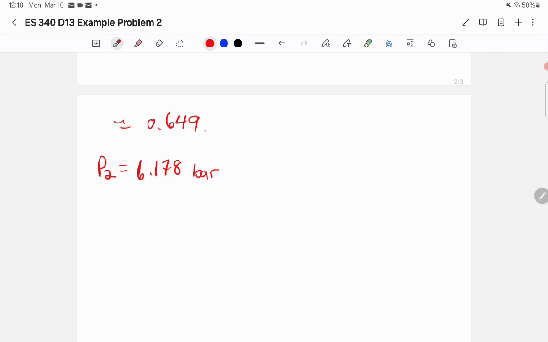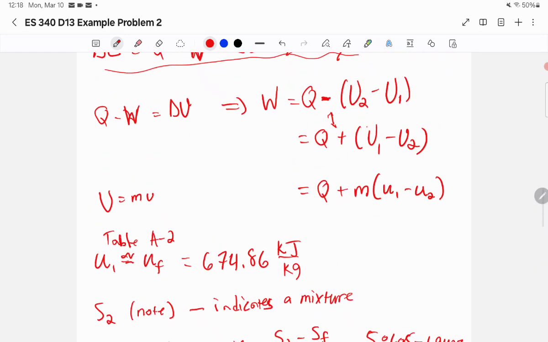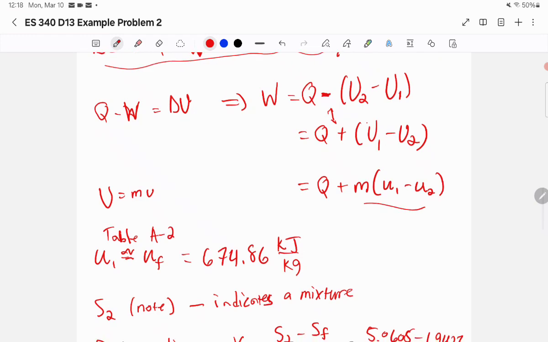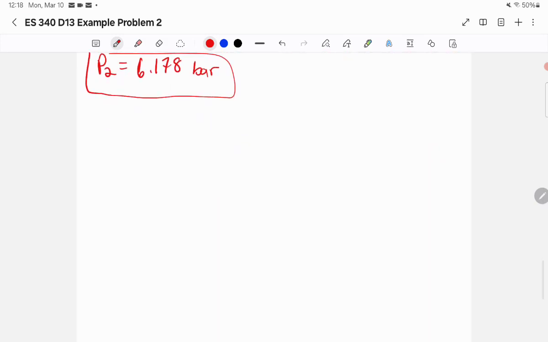And then finally, we need U2, and the reason we need U2 is to find W, which was part of the problem here, which is why we have this equation. So what is U2? Well, U2 is going to be equal to UF. Again, this is at a temperature of 160. UF plus that X value that we just found, UG minus UF.